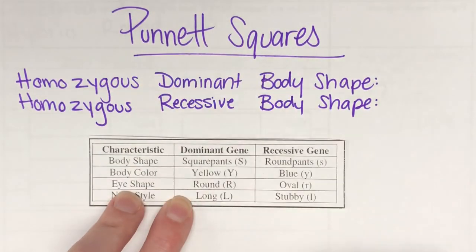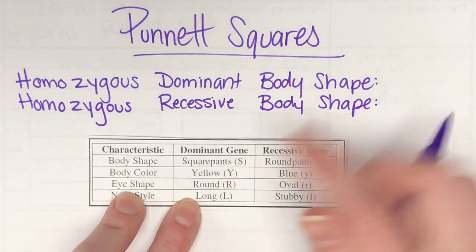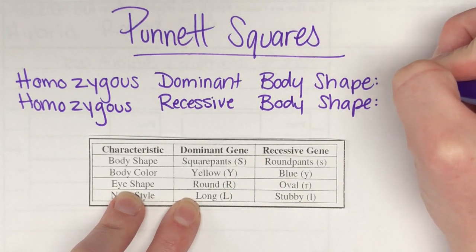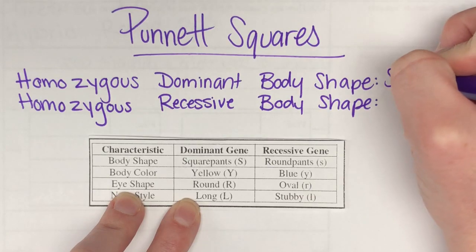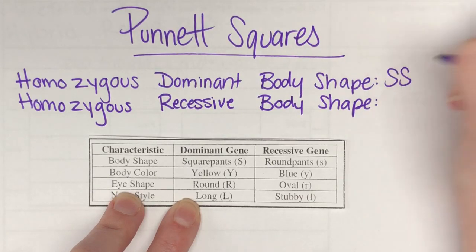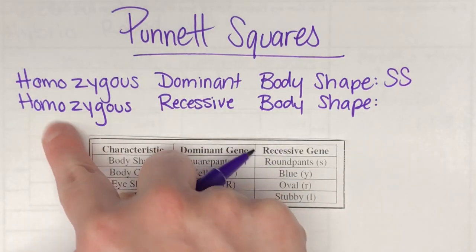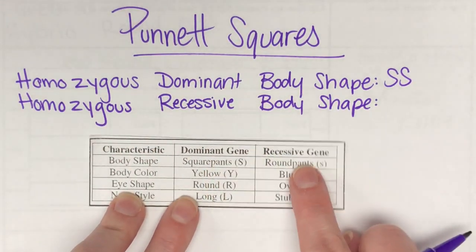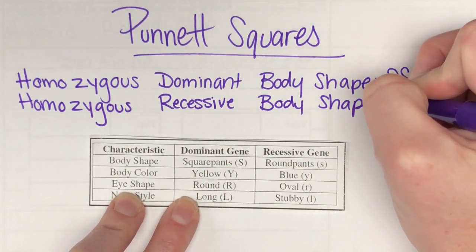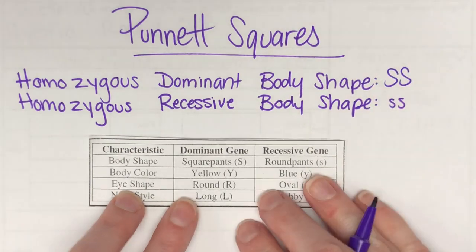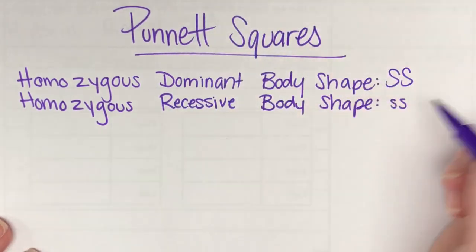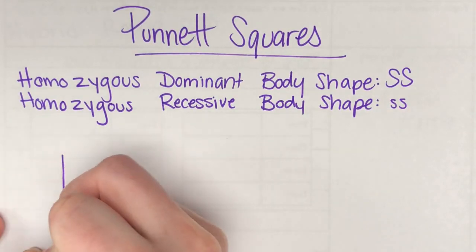So if it's homozygous dominant, homo means same, dominant, that capital letter, that dominant gene, this is going to be big S, big S. Okay? Homozygous recessive, homo is same, recessive is going to be that small one. So this is little s, little s. Okay? So now let's complete our Punnett square.